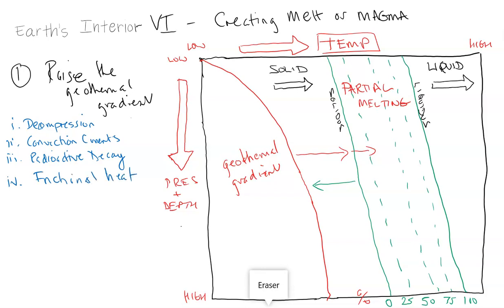Now, frictional heat comes mostly from subduction zones, where the heavier, denser slab that's subducting is going to grind, move, and push past the other plate, be it continental or oceanic.